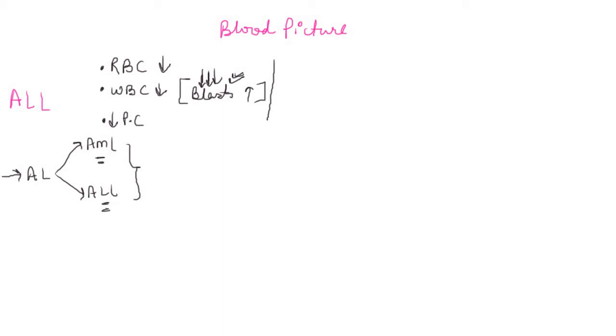There is a thing called immunophenotyping. Basically, immunophenotyping is an investigation by which we can differentiate the enzymes present in various cells. If by immunophenotyping you find the particular enzyme found in lymphoblasts, then you can be sure that it is a case of acute lymphoblastic leukemia.